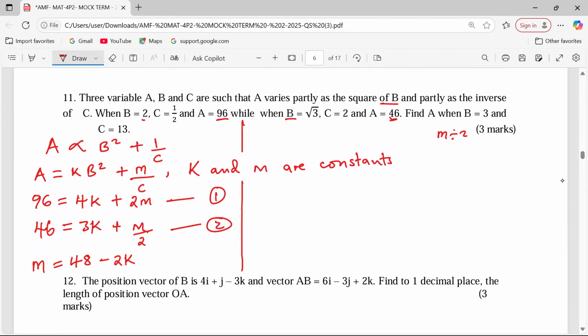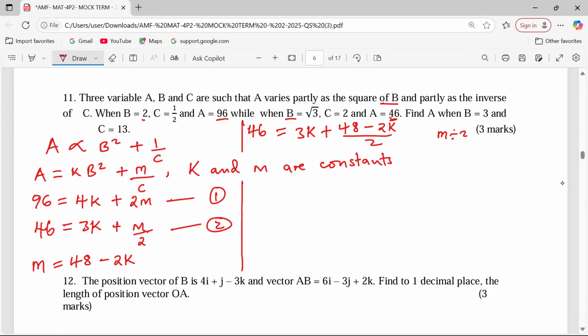So from equation 1, the value of m equals 48 minus 2k, which means equation 2 can be rewritten as 46 equals 3k plus m over 2, so 48 minus 2k over 2.